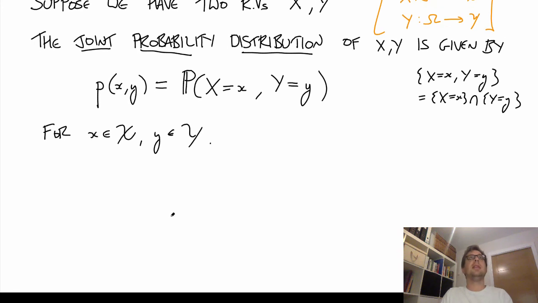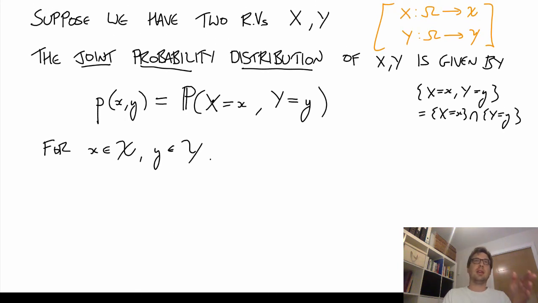Now one thing we can add to this, and notice we could extend this, we could have X, Y and Z, or any number of random variables that we like really, and keep this definition going.